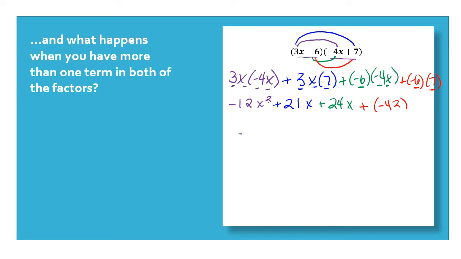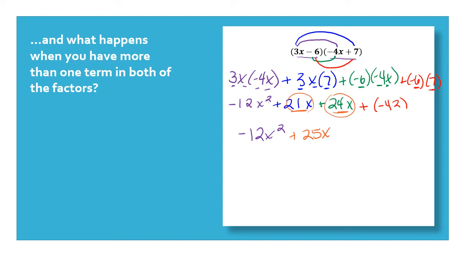So I've got negative 12x squared, and there are no other x squared terms, so that one just comes down all by itself. Now here I see I have an x term and an x term, so I'm going to add those two things together. I have 21 x's here and 24 x's there, so 21 plus 24 is 25x.